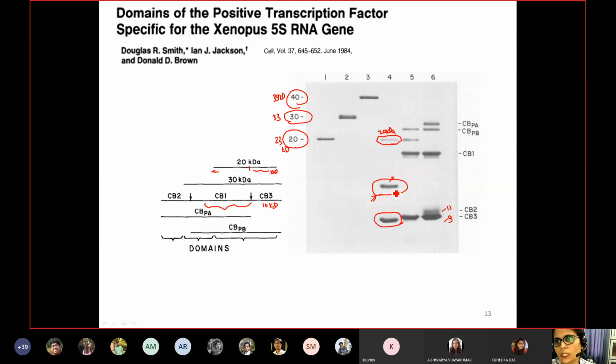One has to look into it, but I'm not sure about that at the moment. Okay, ma'am. Because if the dimer is prominent, then it should also show in other fragments.